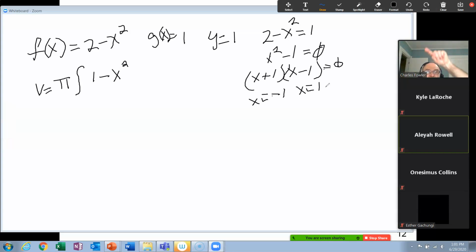Remember, this is a parabola centered on the y-axis, so we don't have to do this. We can take the volume from 0 to 1 and double it, and that's exactly what we're going to do. So what I'll do then is come out here and put the 2 here, and then just do our limits from 0 to 1, and then you'll have your dx.